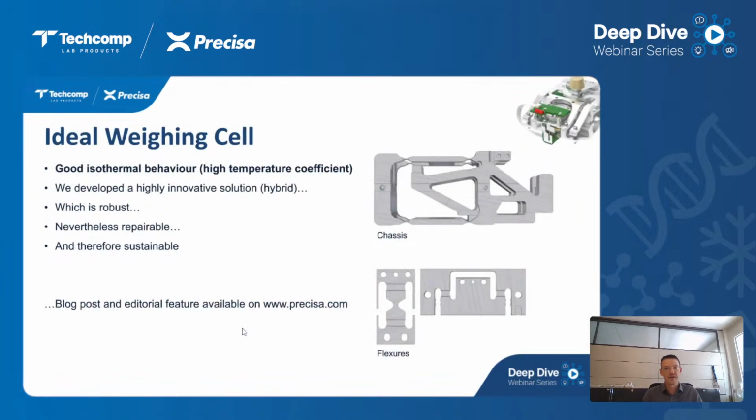Furthermore, we have the ideal weighing cell with our fast block system. Here we have a very good isothermal behavior, and a high temperature coefficient, and we get that because the main parts of the weighing cell, or most of the parts, are made of the same material.